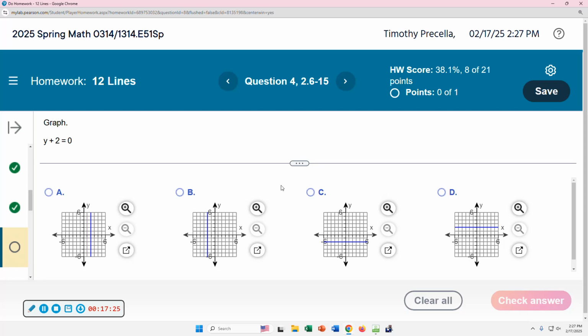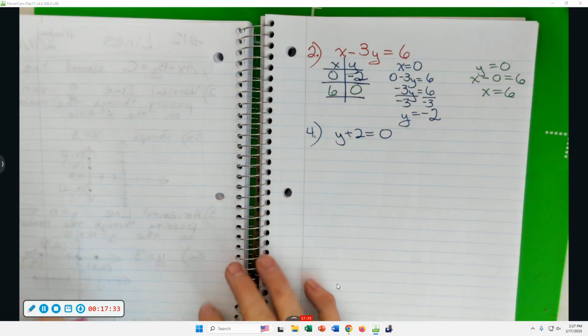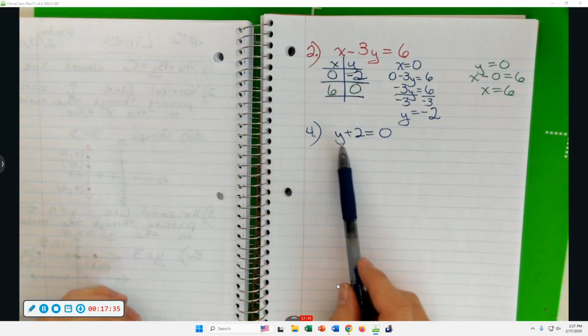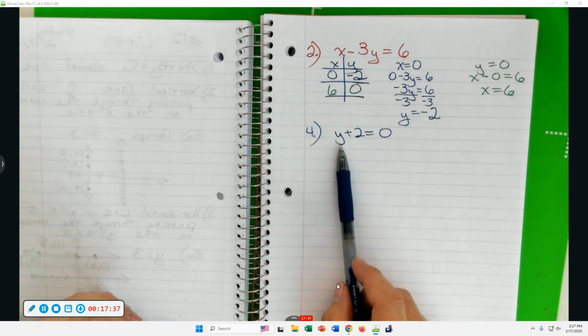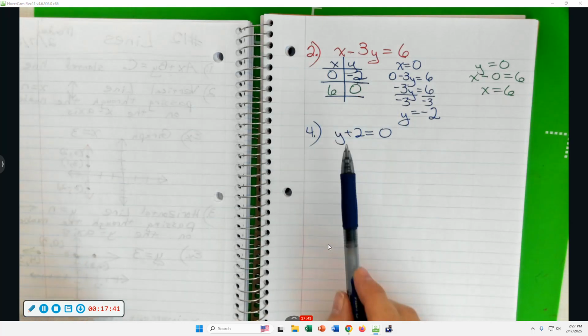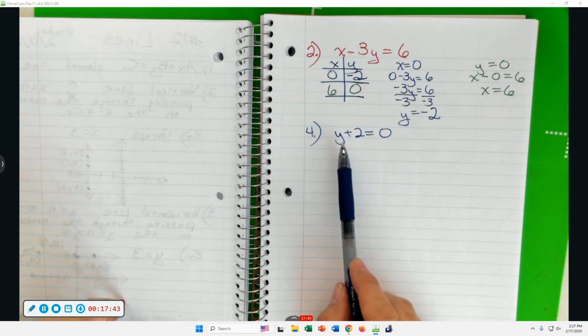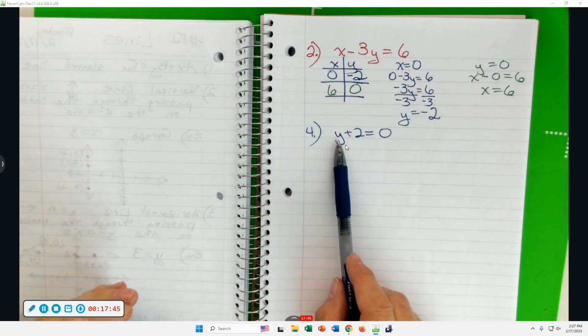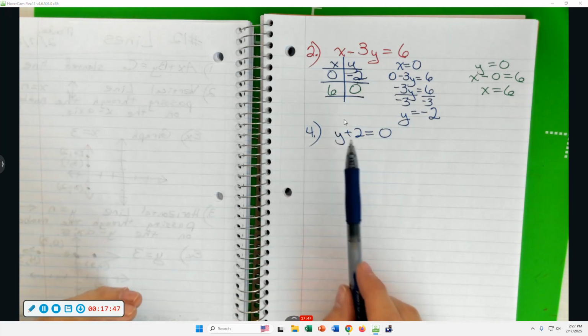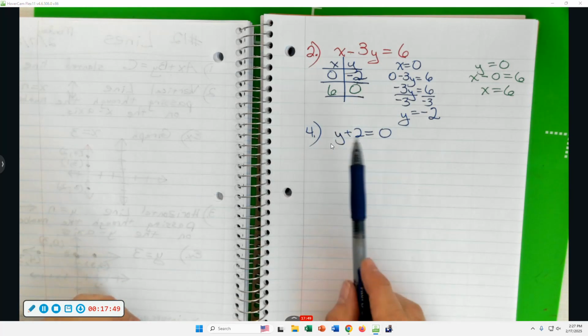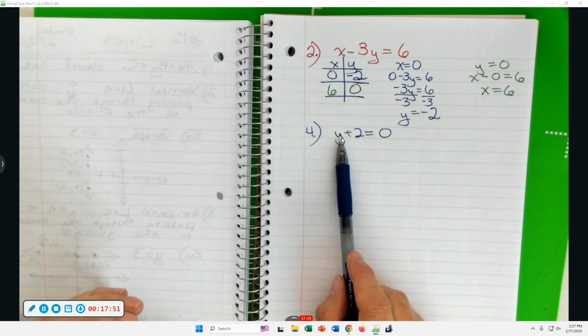Graph the line y plus 2 equals 0. Okay, let's switch over. I see that we have a y and no x. That means it's going to be a horizontal line, but where is it going to pass through the y-axis? Before we draw the graph, we have to get that y by itself.